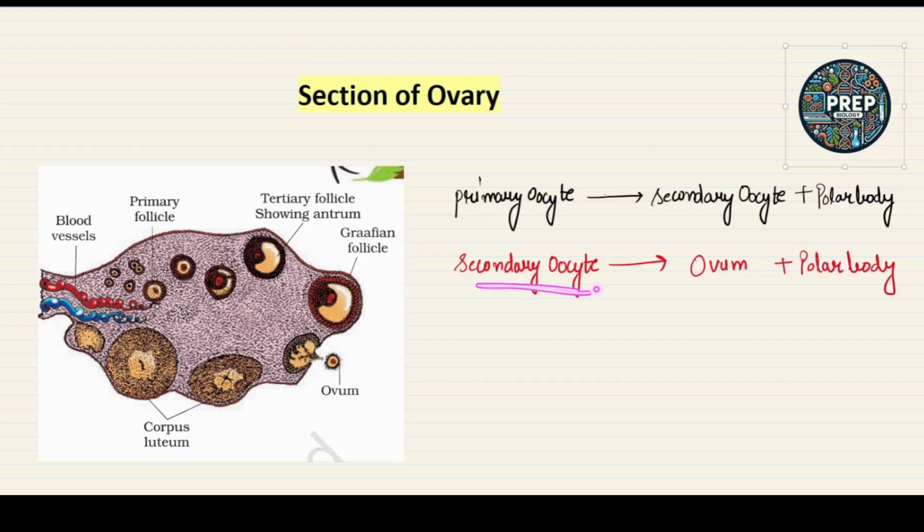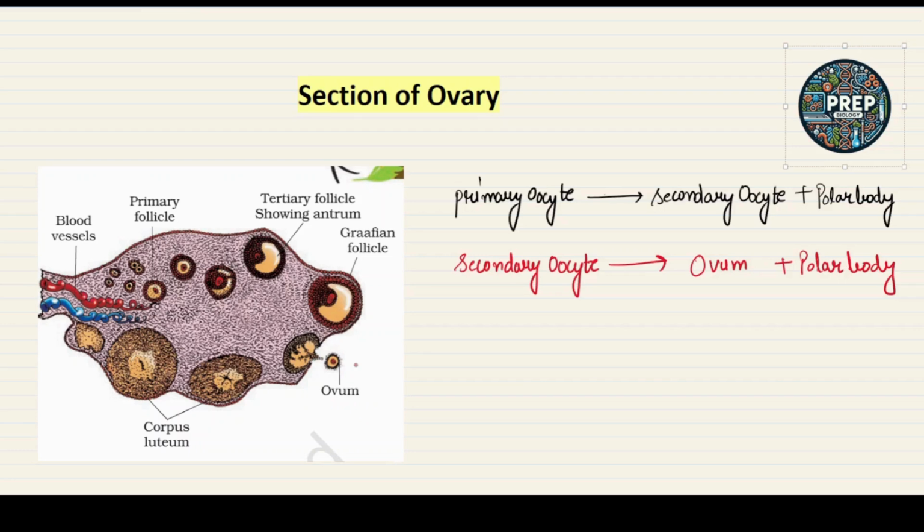The secondary oocyte will convert into the ovum during the puberty and the second polar body. Now, if we see this structure, the tertiary follicle will convert into the Graafian follicle, the matured structure, and at puberty, the Graafian follicle will rupture and release the ovum.